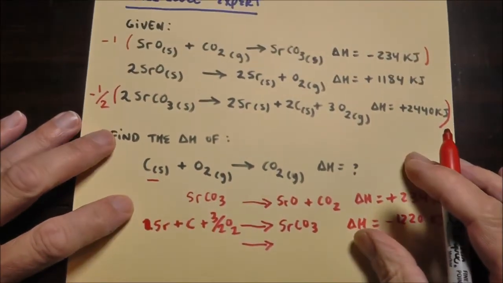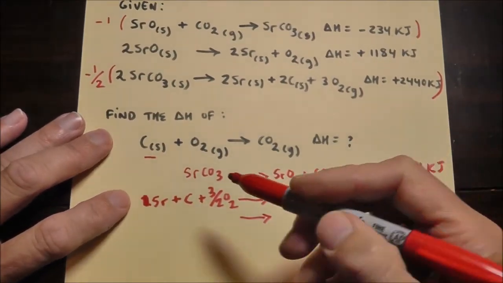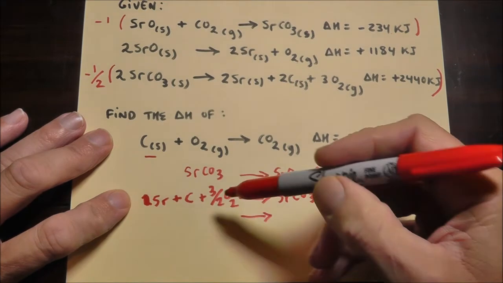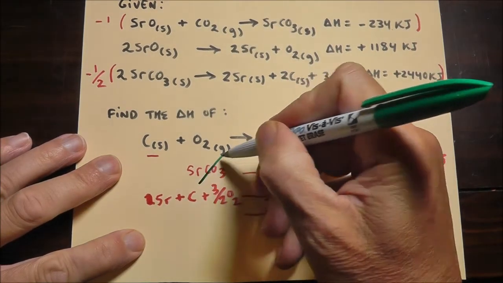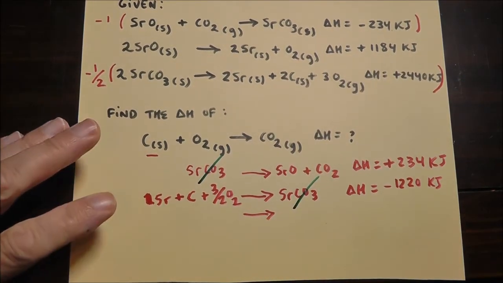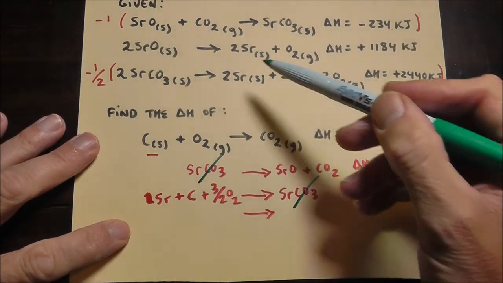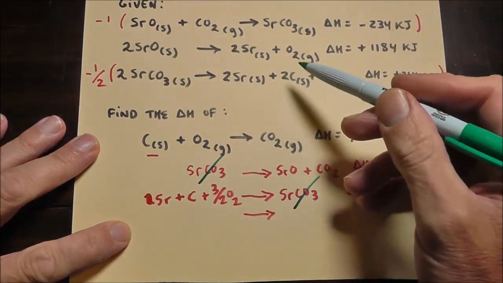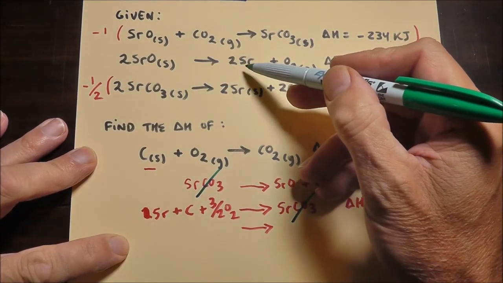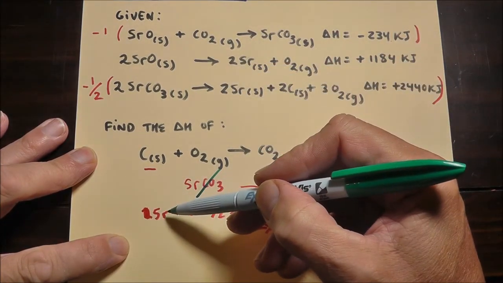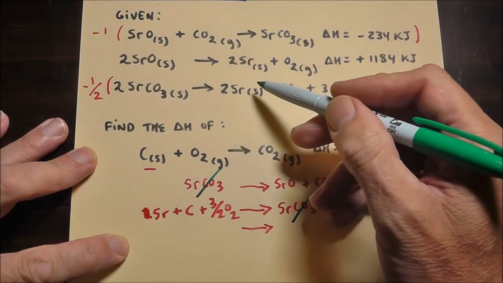Now, what to do with this equation up here? I just spotted what I need to do. My strontium carbonates, which aren't in the equation they want, are going to cancel. I don't have a strontium carbonate problem because this second equation up here doesn't have strontium carbonate in it. I do have a strontium problem, where I have strontium on the left from this equation, and strontium has to cancel.